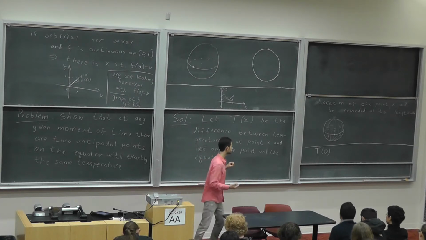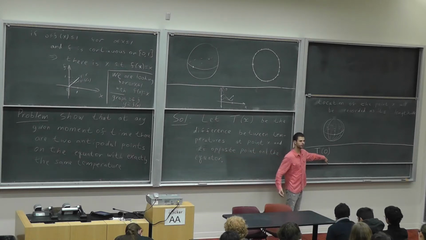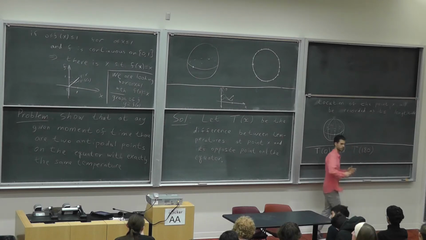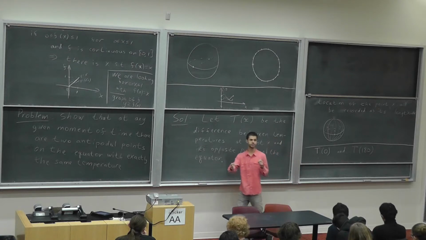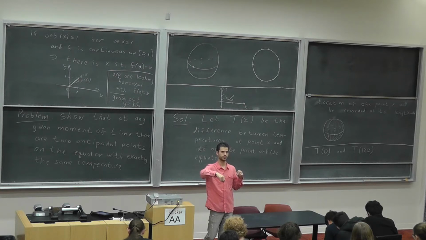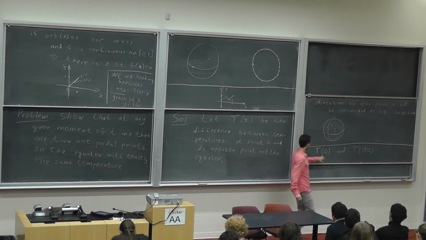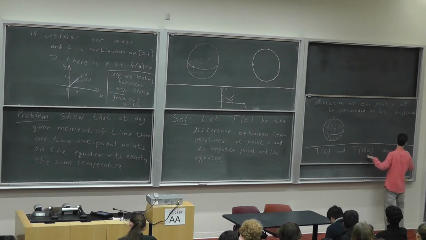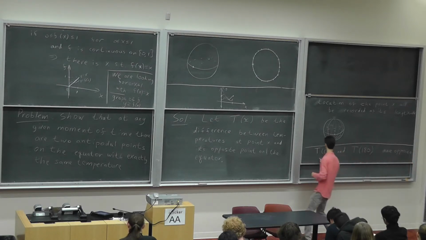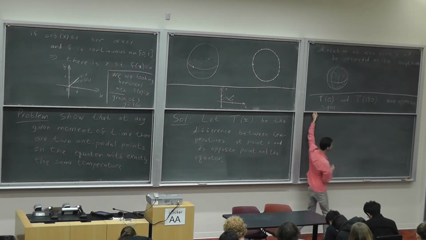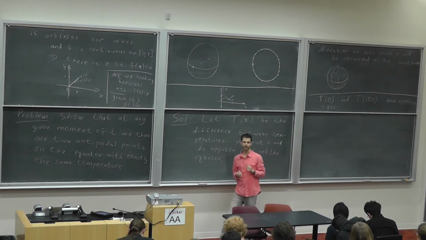Here's T of 0, and the other thing would be T of 180. 180 is a point exactly opposite to the point with longitude 0. So, what can I say about these things? I claim that these things have opposite signs. Why?